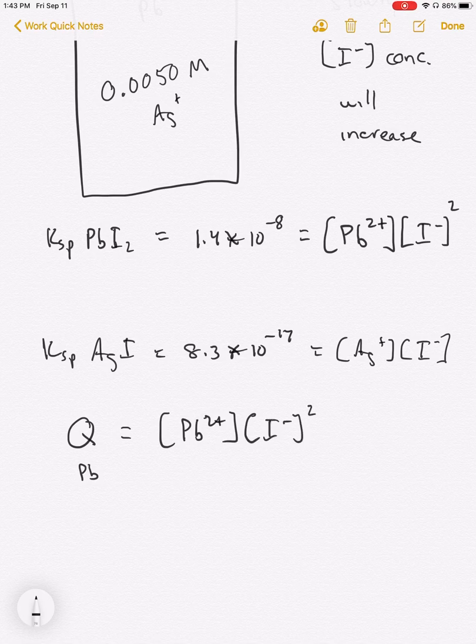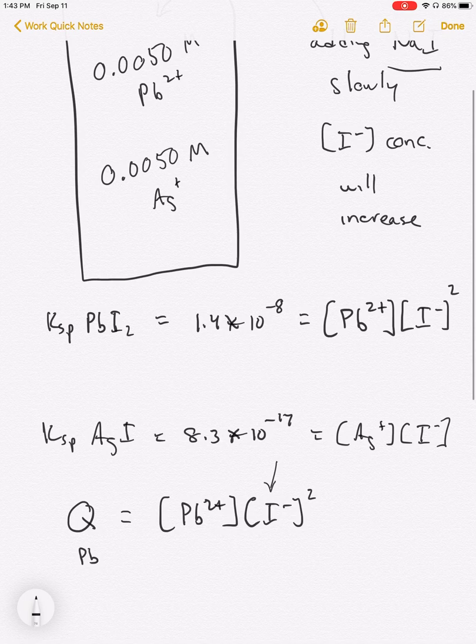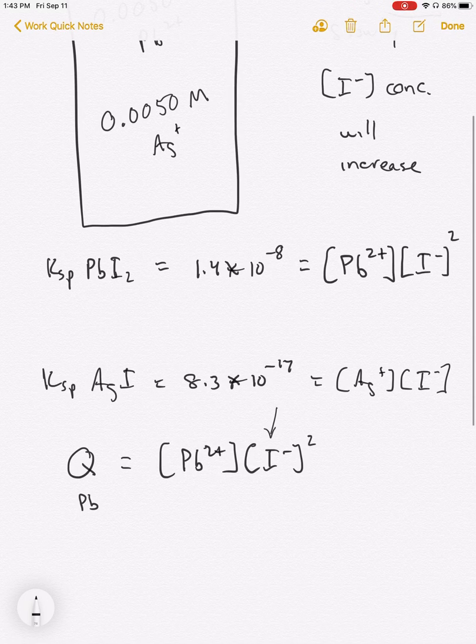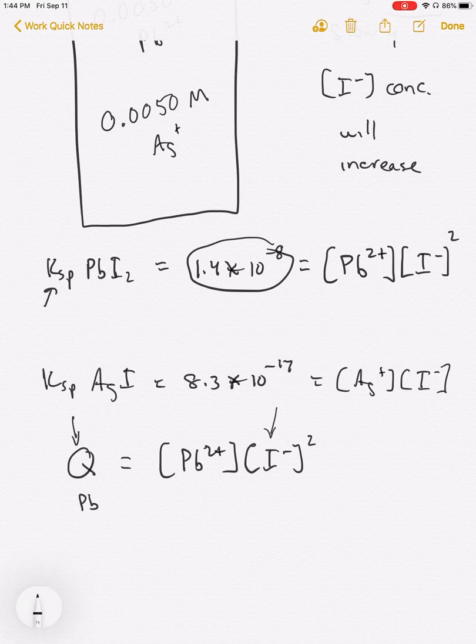And as this increases, my Q will increase. And when this Q reaches the value of the K, it will precipitate the lead 2 iodide. Once we add just a tiny bit more iodide beyond that, which gives us this 1.4 times 10 to the negative 8 value, it will precipitate.